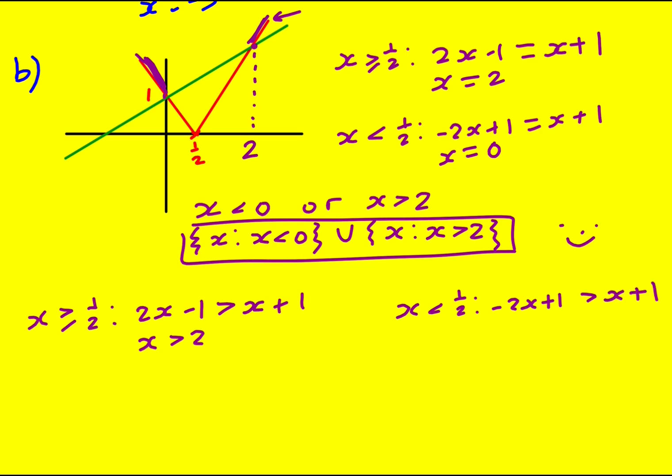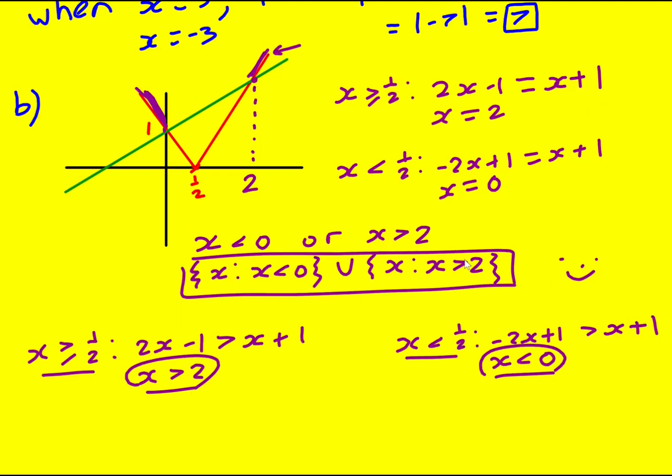Just if you've got the graph, it feels a little bit easier to solve the equation than the inequality. That's all I'm trying to get across here. It would go to x is less than 0. And then it would work out from here. You just have to check that it is satisfying this condition and this condition. So sometimes you have to alter your inequality answer. But in this case, there isn't actually any effect. So we would just get these as our answer.